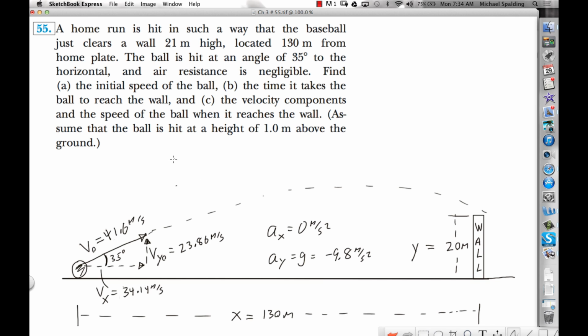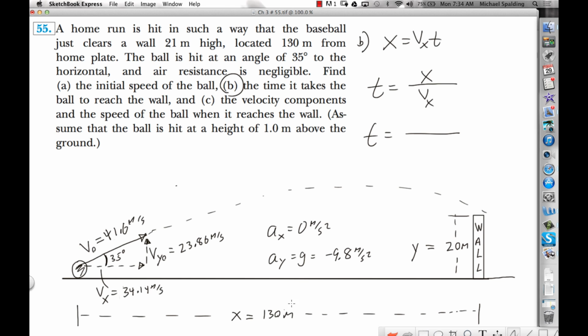Okay, so how do we go about doing part B? The time it takes to reach the wall. Are we going to use the x direction or the y direction? You could really use both here. You could figure out time with the x or the y. There's enough info. The x is definitely going to be easier. So using the x direction, x equals vx times t. So time is going to be equal to x over vx.